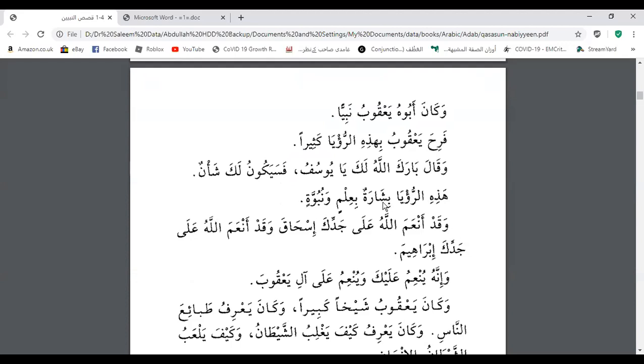This dream is a glad tiding for ilm, the knowledge, and nubuwa, the prophethood. And indeed Allah subhanahu wa ta'ala has favored, showered his mercies upon your grandfather Ishaq, and upon your grandfather, means great grandfather, Ibrahim as well.